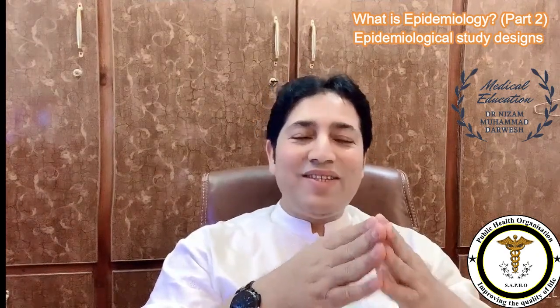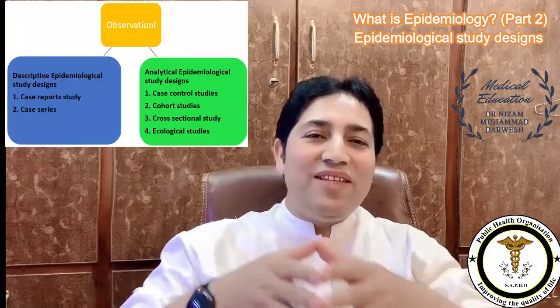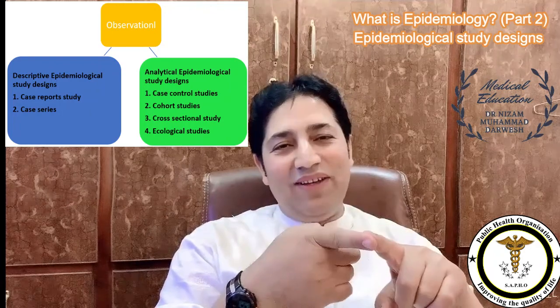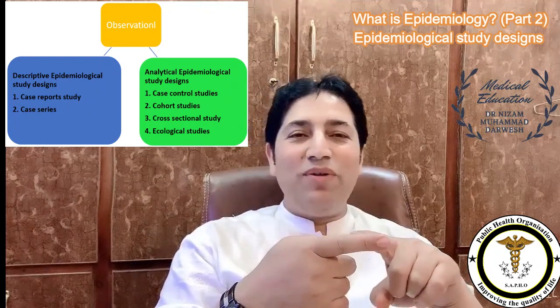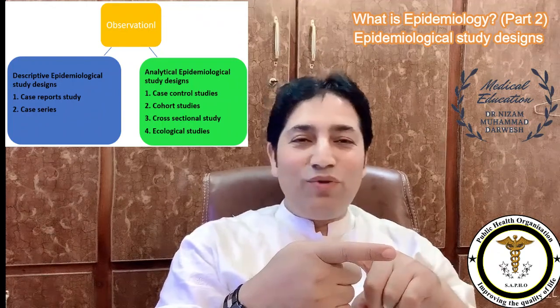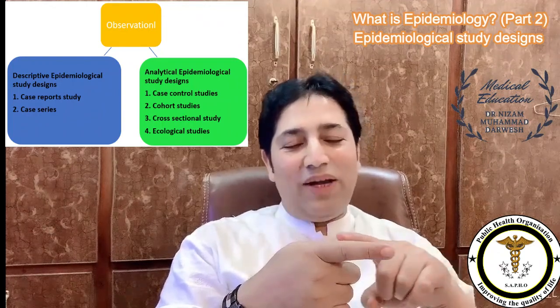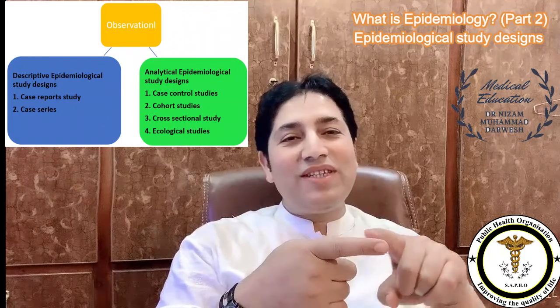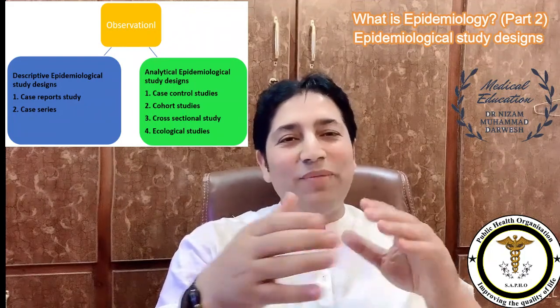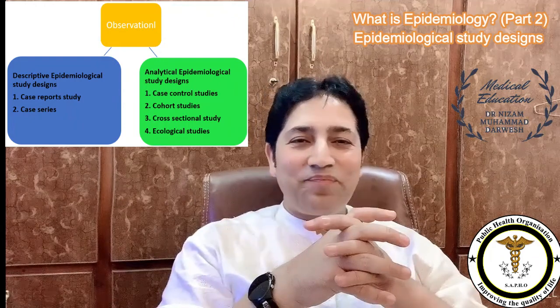And we're going to find out the study designs of these two categories. From the first category, the descriptive epidemiological study designs, case control studies or case series studies will come under this category.